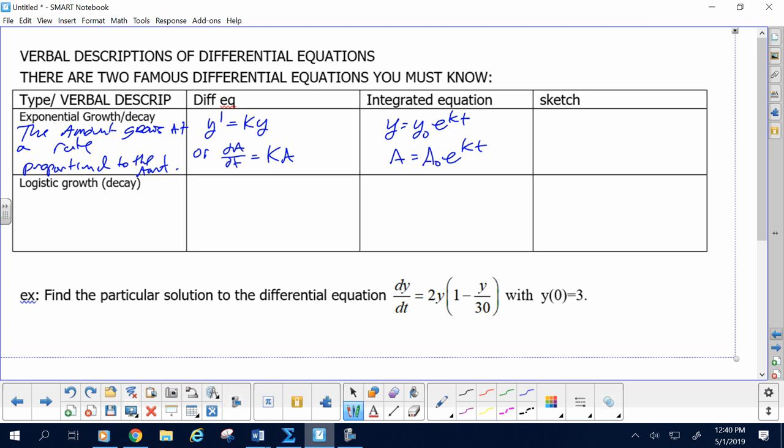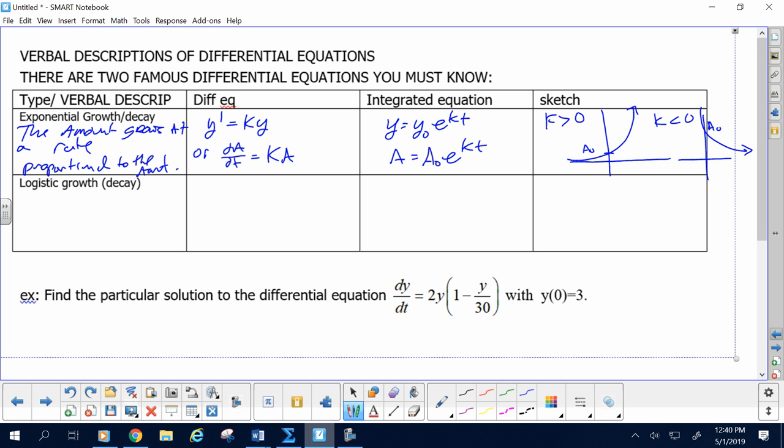Think compound interest. How fast your money grows depends on how much you have in the bank at that moment. The more you have, the faster it'll grow, plus the interest rate, which is the k. The sketch is if k is positive, then it is exponential growth, and if k is negative, it's exponential decay.